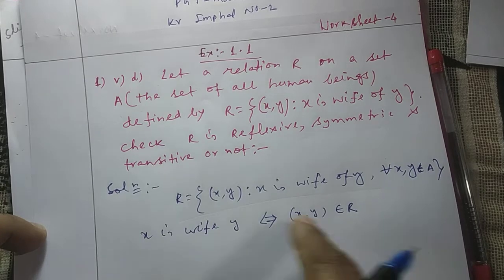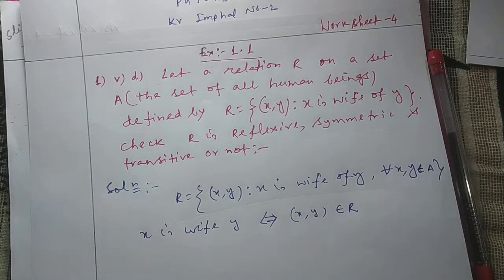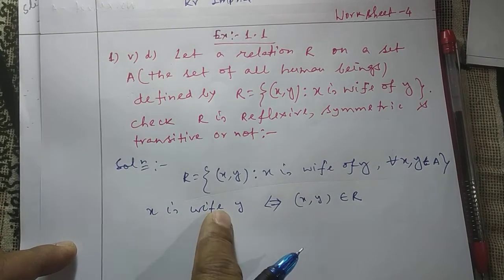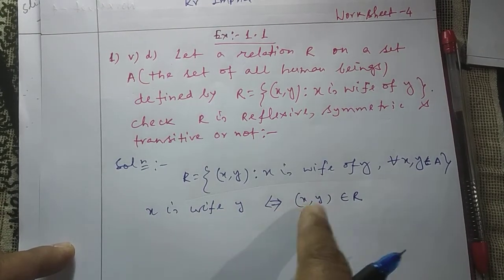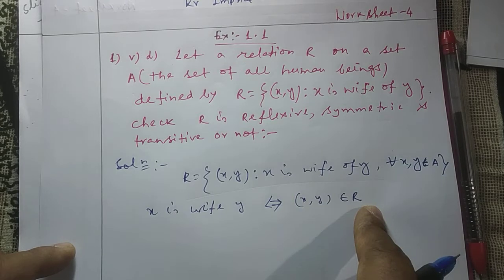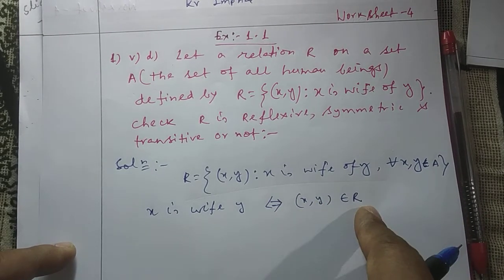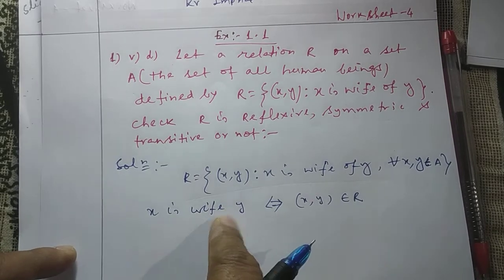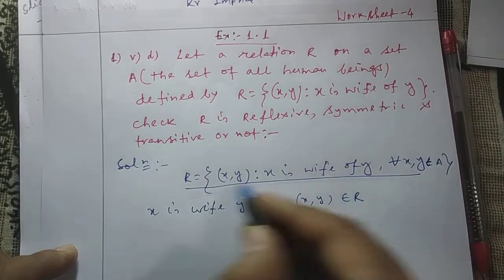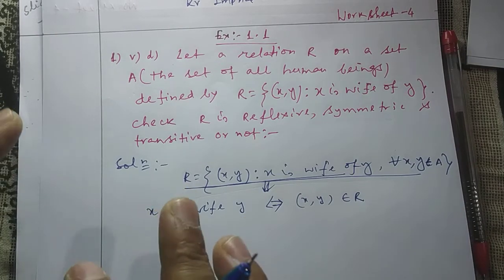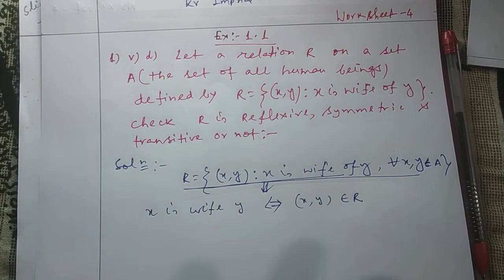That is the meaning of double implying. Again I am saying from the first: if x is wife of y, then the ordered pair (x, y) belongs to R. Conversely, if (x, y) belongs to R, then x will be wife of y. That is the meaning of this definition in short. Understood or not? So you have to keep this definition in mind.